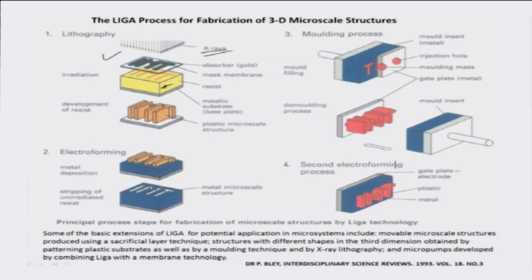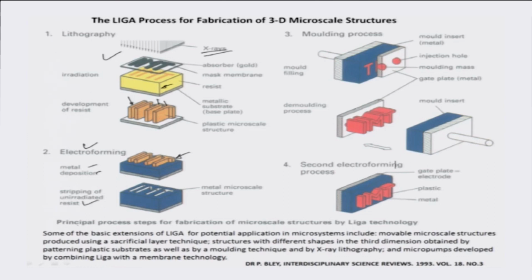So wherever there is non-exposure, there is a retention of the resist, so the IMT gets retained here, and then you can actually electroform by depositing metal on this particular set of words formulated at the micron scale, and then you can strip off the unirradiated resist.